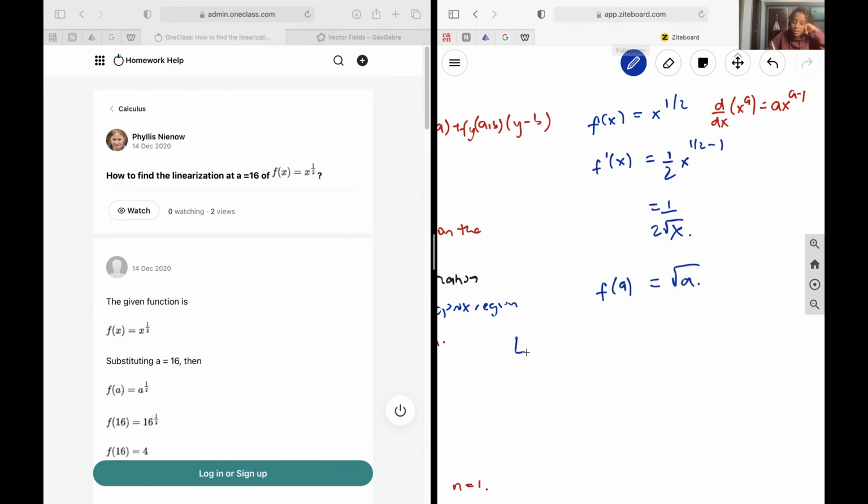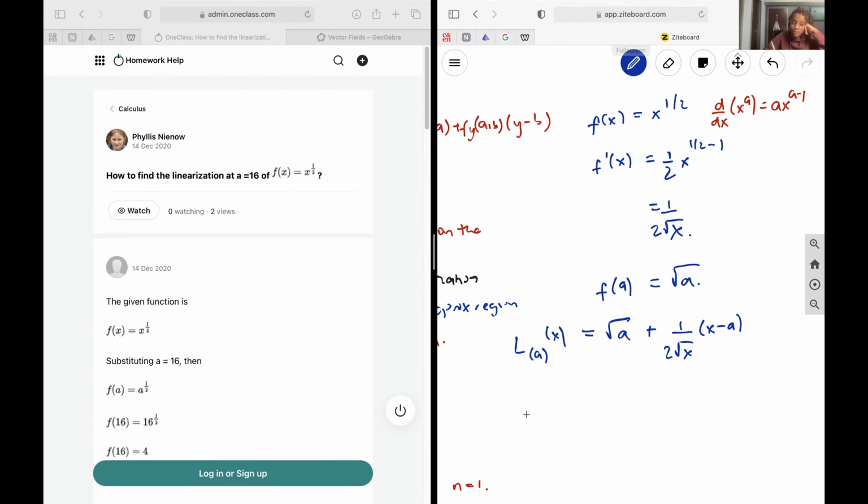And so when we put that all together, the linearization of the function at a is going to be root a plus 1 over 2 root x times x minus a.